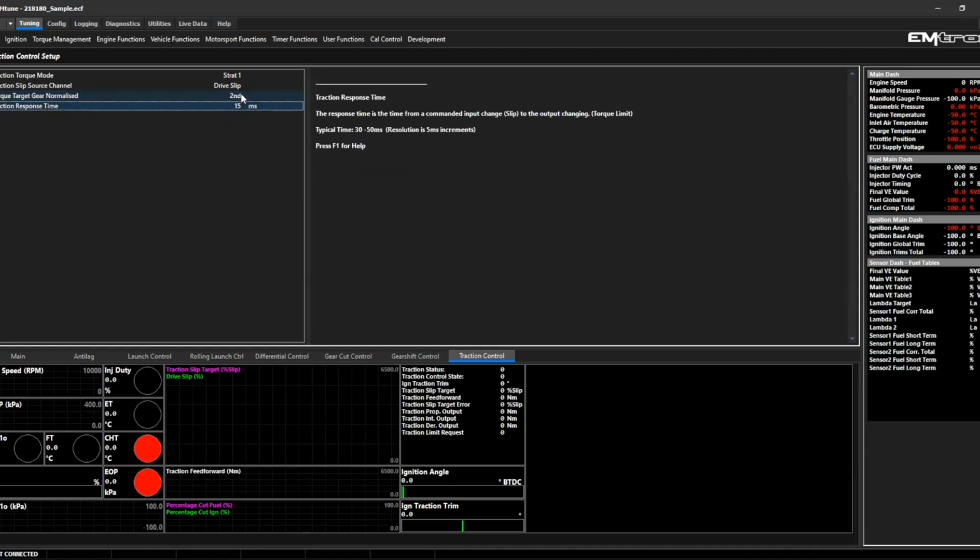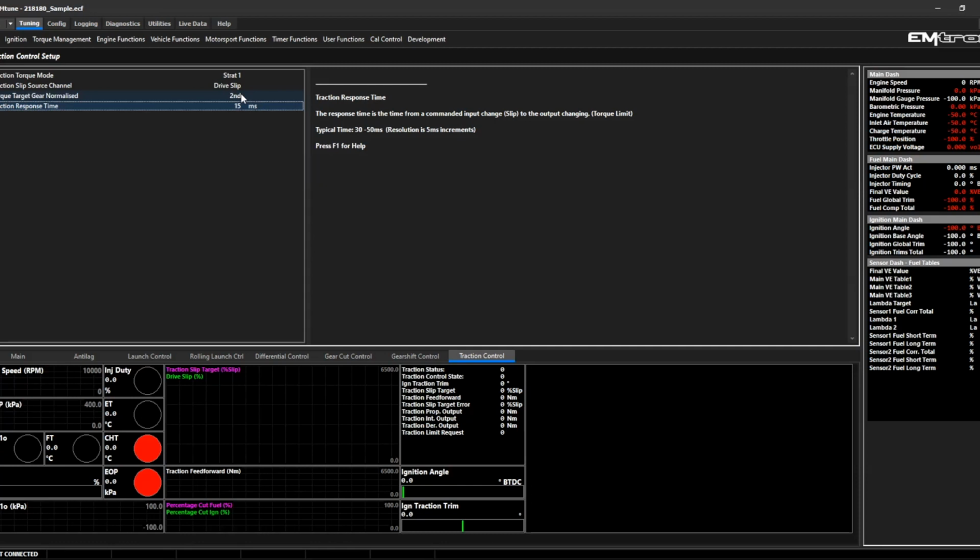We have a traction response time setting added. Now this one ultimately accounts for lag in the system, and most of that lag is the vehicle. So when you command a torque change, there's inertia in the engine and the drivetrain, so it's going to take some time for those changes to take effect.